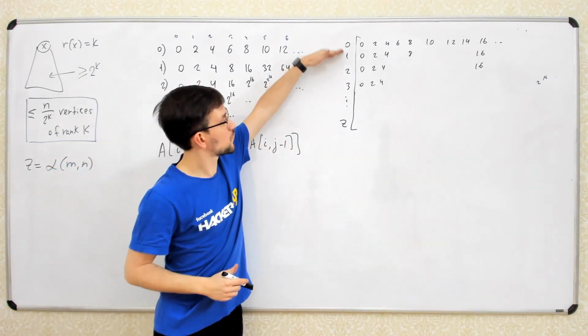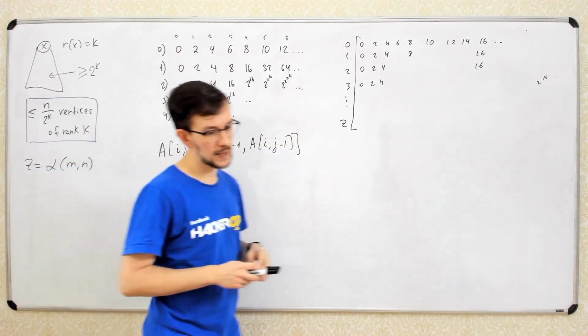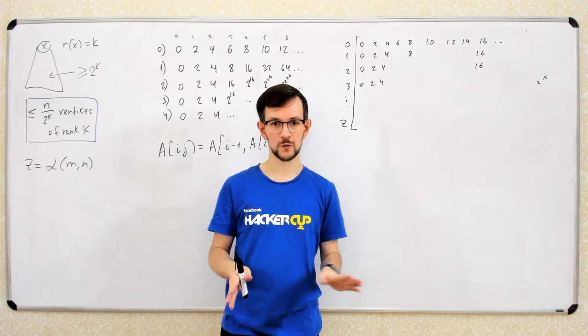Again, let's pick the first Z sequences from this table. And then we do exactly the same as in the previous proof.